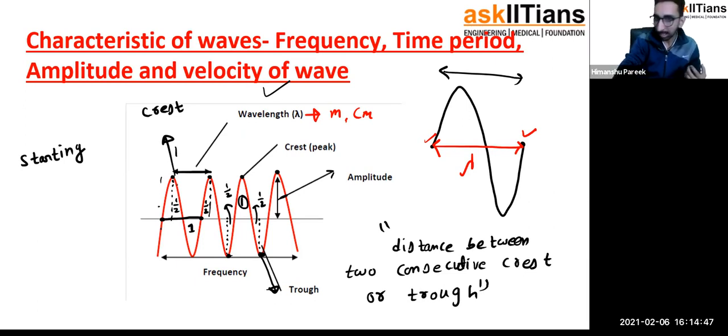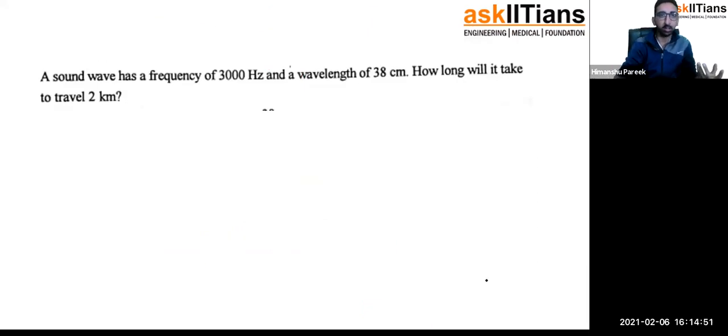All right. Now let us do one numerical on this, and then we'll understand in more detail. So the question says that a sound wave has a frequency of 3000 hertz. Okay, so frequency is given. Now you know what is Hz? It's 1 per second.